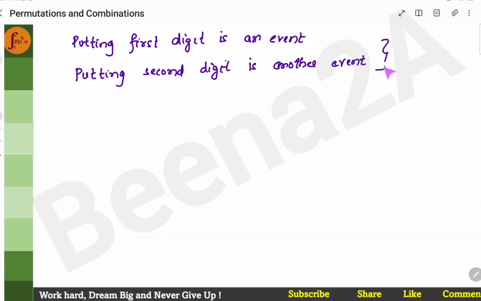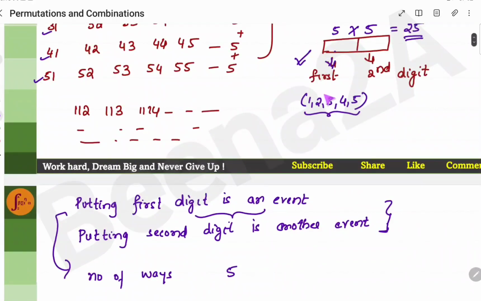So you have two events. The number of ways you can put the first digit is 5 ways, five numbers. And similarly, for the second digit, you have 5 ways.